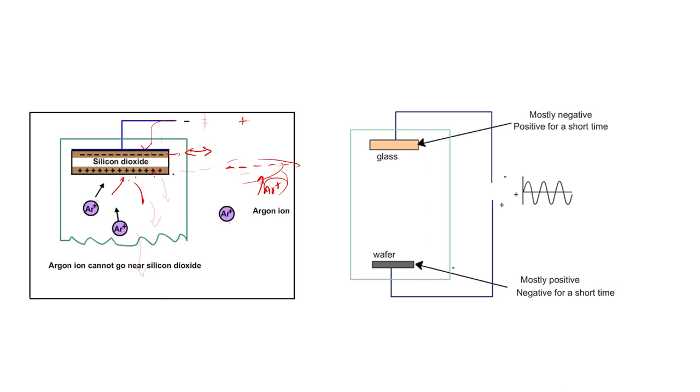then the argon ions will get attracted towards the wafer. But this happens at a frequency of 13.56 megahertz, which is a very high frequency, and argon ions are also very heavy. So they will get attracted towards the substrate, but they will not move fast enough within that cycle to hit the substrate.